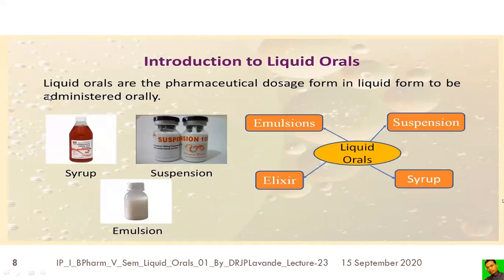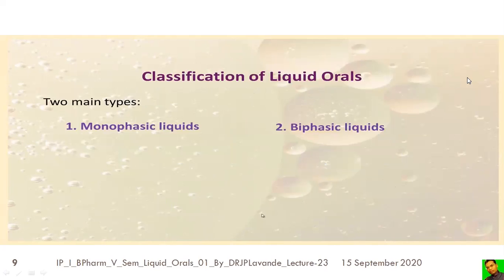So these liquid orals are pharmaceutical dosage forms, right? What is their nature? They are in liquid form and are to be administered by the oral route. That's why these are liquids to be taken by the oral route. Therefore, all these are the liquid orals.